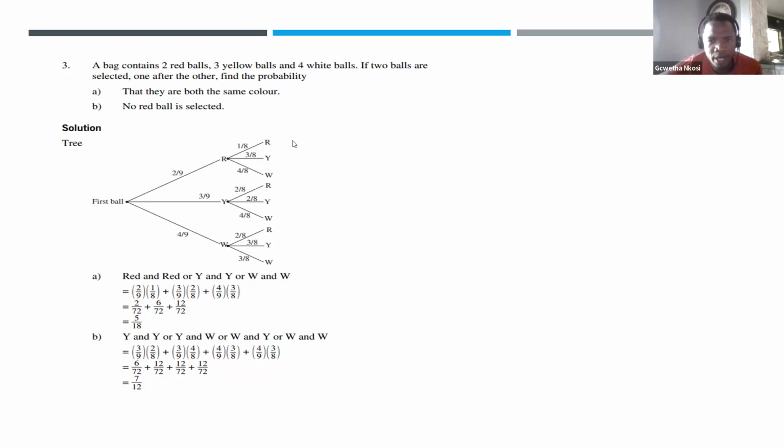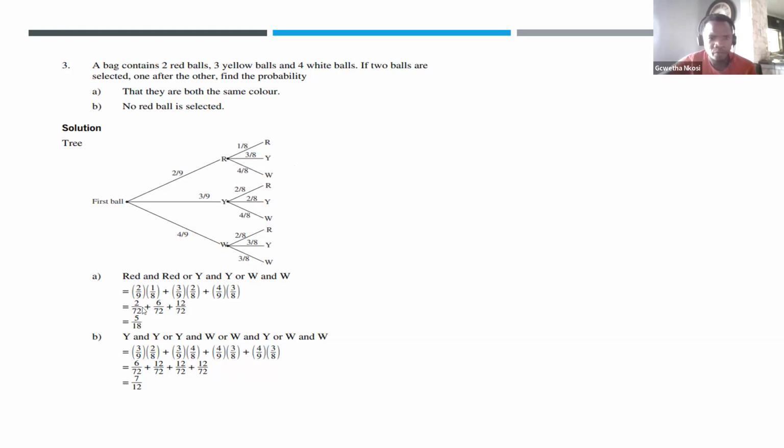The outcome here: RR, RY, RW. We come here, we check YR, YY, then YW. Come here, we check the outcome is WR, is WY, is WW. So we are focusing on RR, YY, WW. So those are the outcomes we are focusing on.